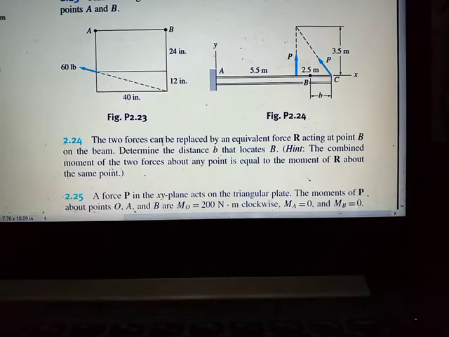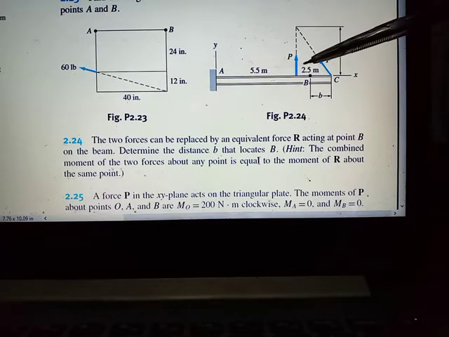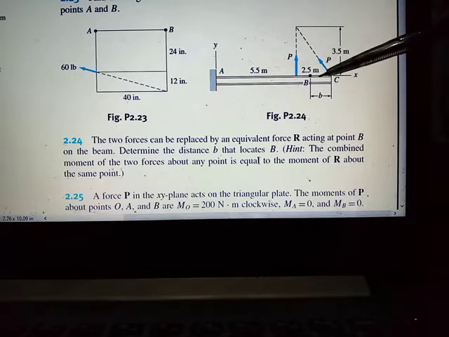The two forces can be replaced by an equivalent force R acting at point B on the beam. Determine the distance b that locates B. The question here is the equivalent R acting at point B. We will replace these two forces P with a vertical force R located at point B.